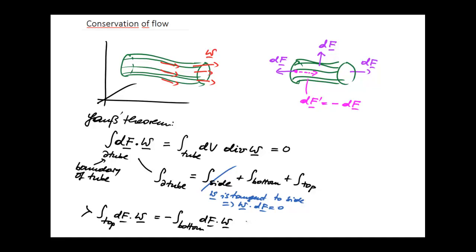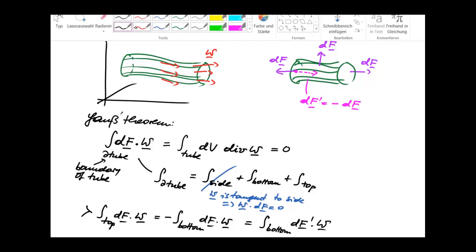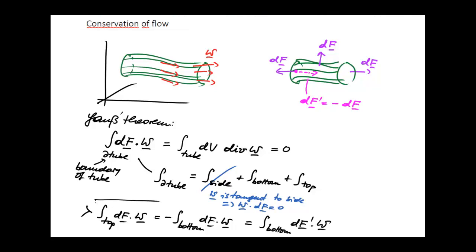But this we can also write, if for the bottom we use df prime rather than df, as equal to the integral over the bottom of df prime, W. And so this is our result here, that the flux of the vector field W through the bottom equals the flux of the vector field through the top.